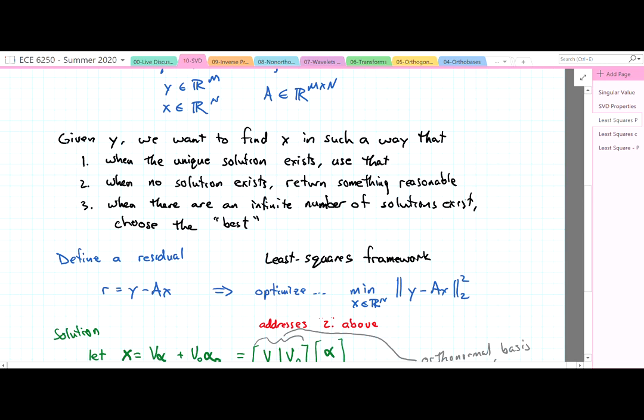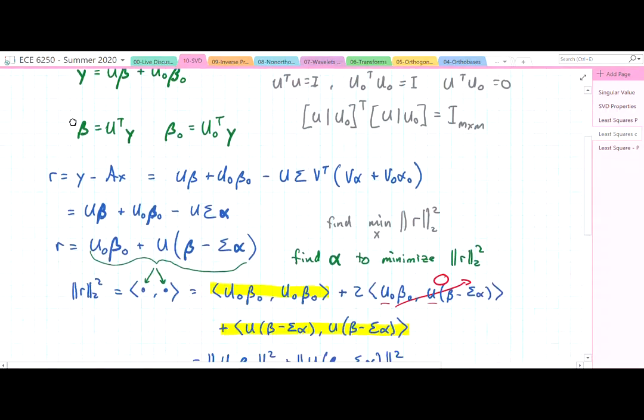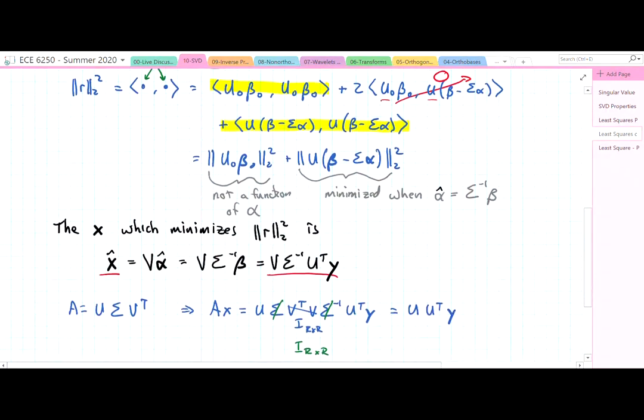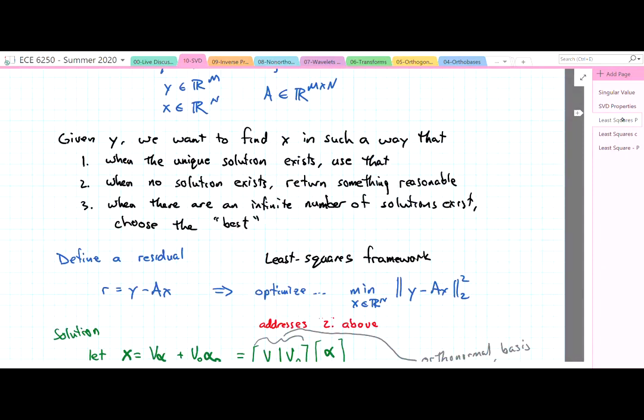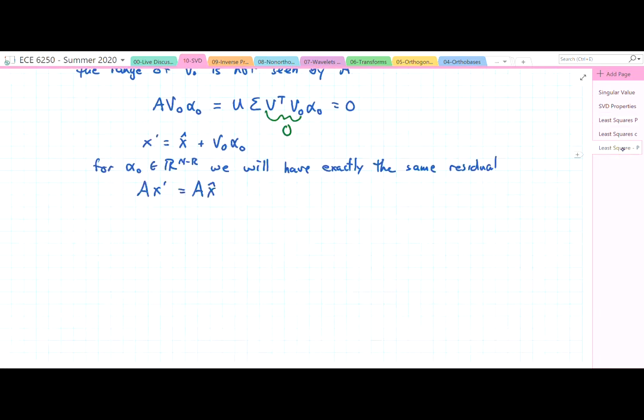And so we came up with our x hat is equal to V sigma inverse U transpose times y. That was reasonable. Why is it reasonable? Because it minimized the residual. And then the last thing we wanted to do was, when there are an infinite number of solutions, we should choose the best one. Well, what's the best?